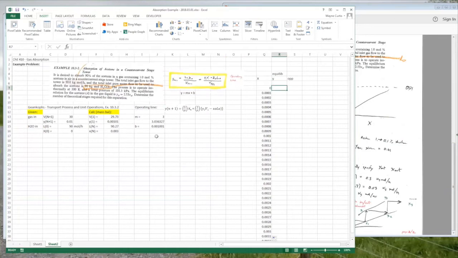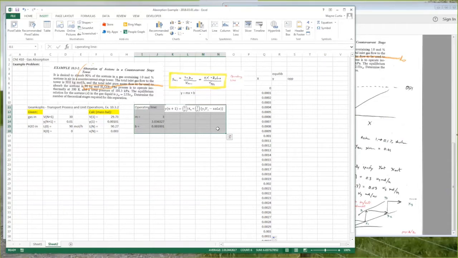You'll notice in the problem statement as well, there is also an equilibrium line given, and in fact, I'm just going to move these down just a tad so I can put that in.